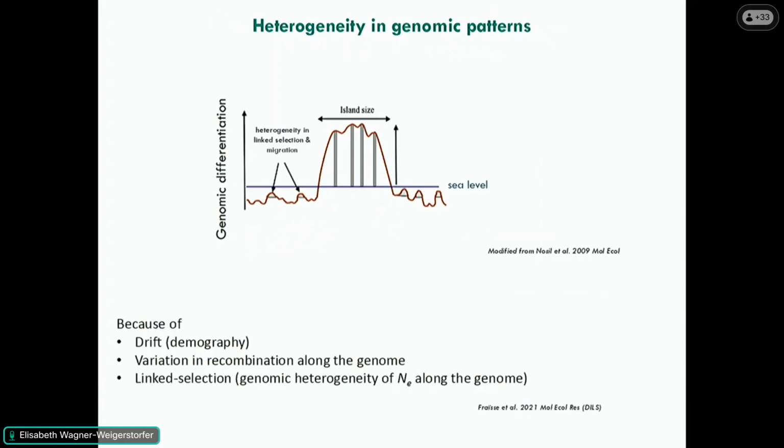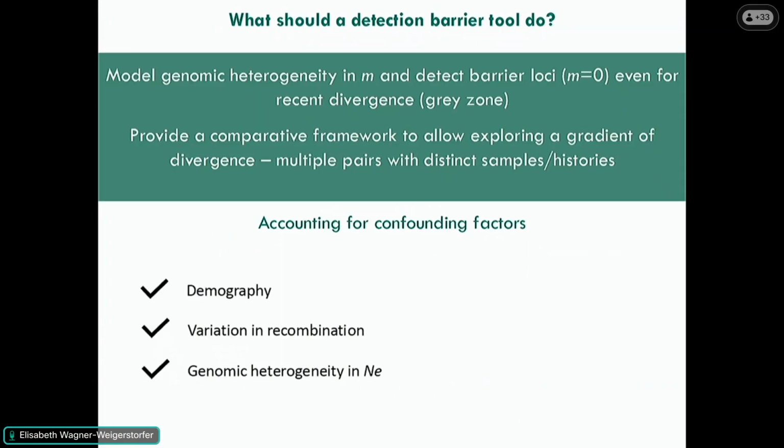But of course, the pattern of differentiation along the genome is very heterogeneous, and not only because of barrier loci. It's heterogeneous because you have drift, and you have variation of recombination along the genome. You also have linked selection, which we know can be modeled by genetic heterogeneity of effective population size along the genome. So what should a barrier detection tool do?